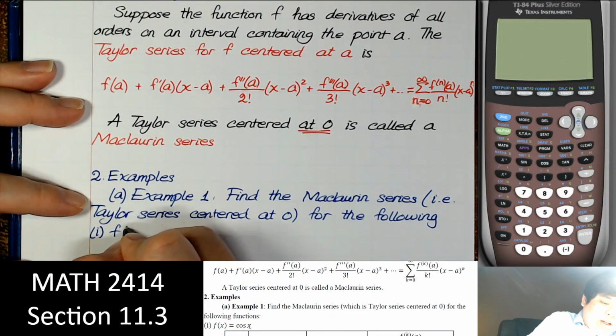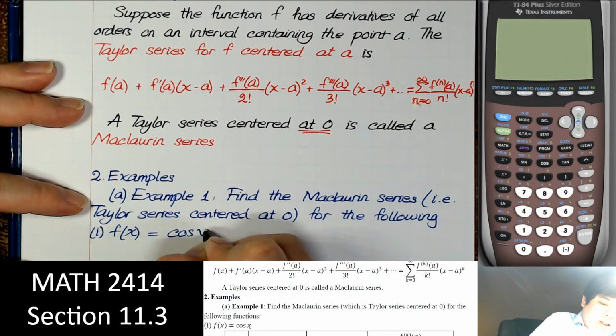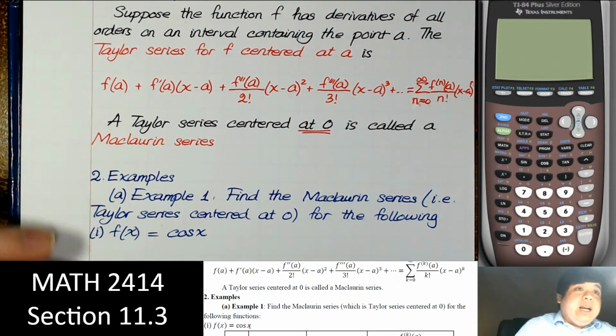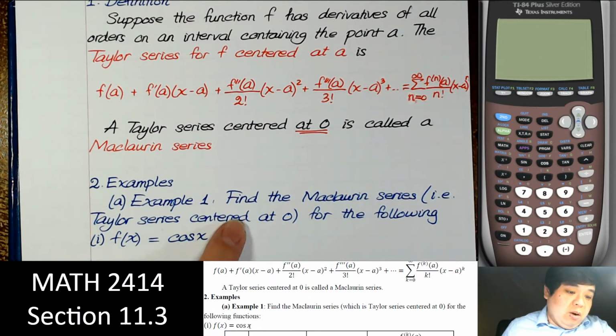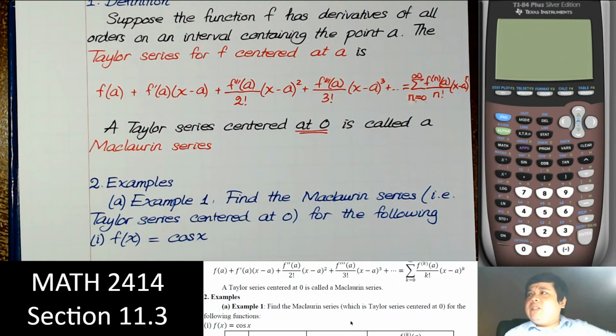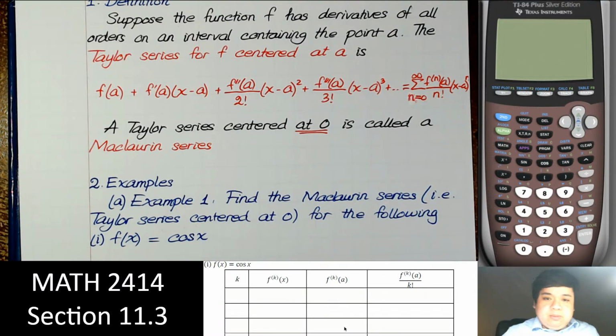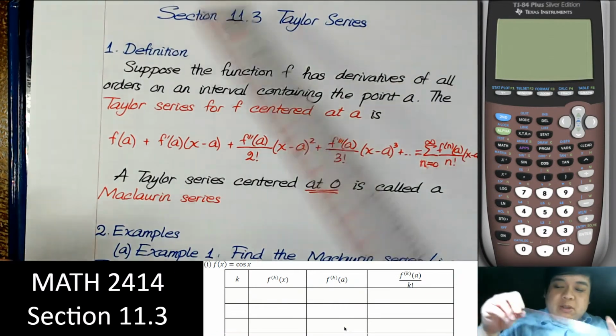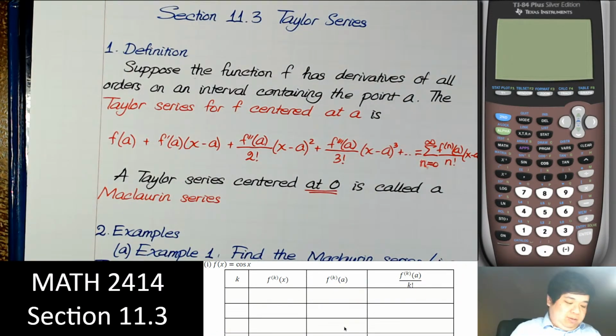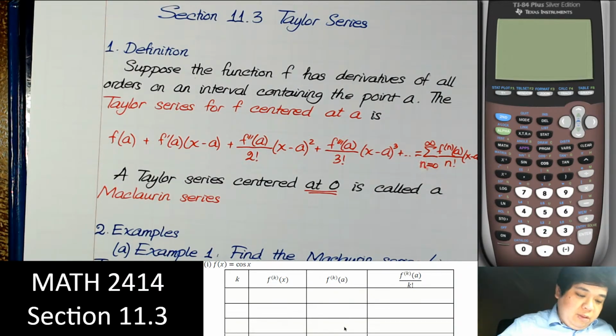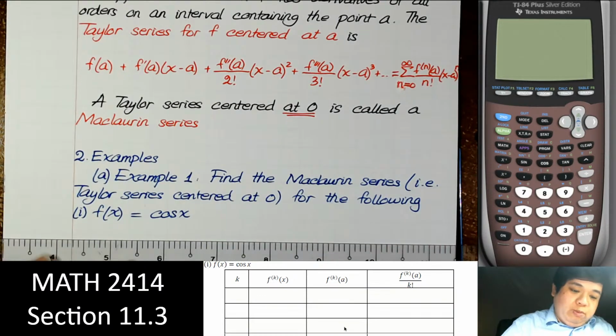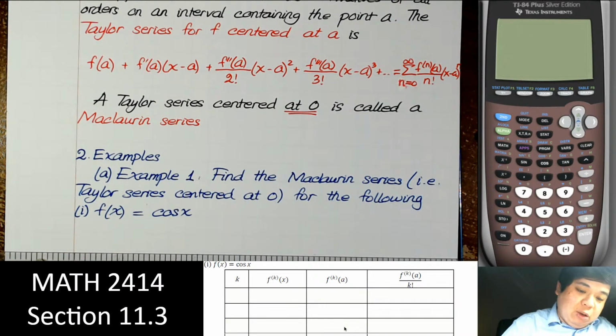First we have the function cosine of x, and this time the center is 0, so we call it the Maclaurin series. So just make this table, and of course we use this a lot. So make sure you remember how to do this.